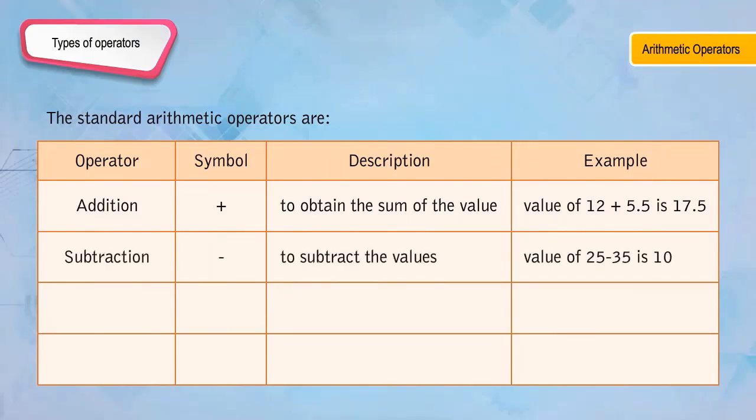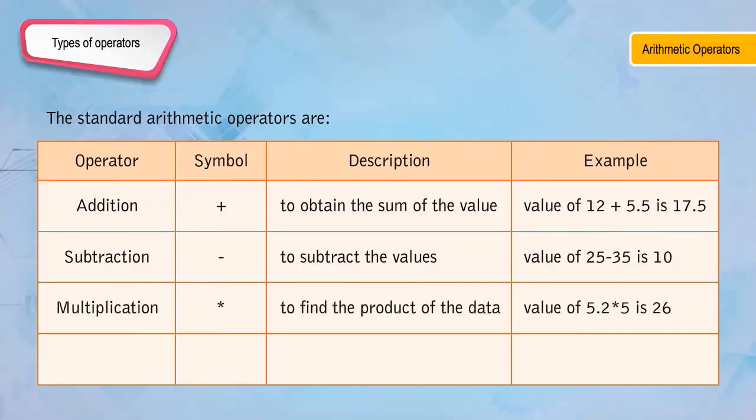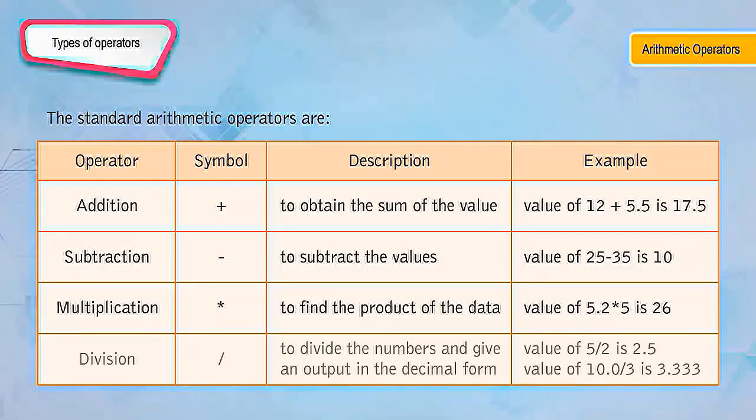Subtraction, to subtract the values. The value of 25 - 15 is 10. Multiplication, to find the product of the data. The value of 5.2 * 5 is 26.